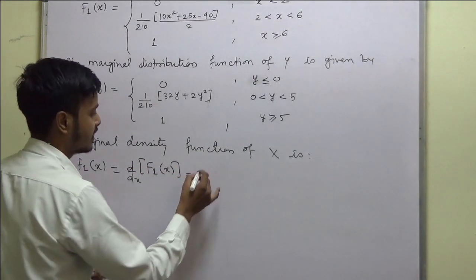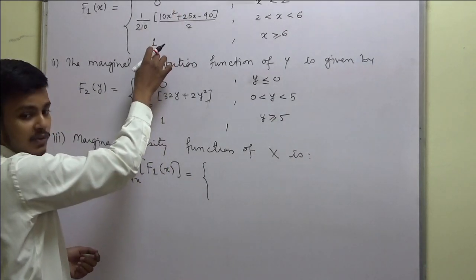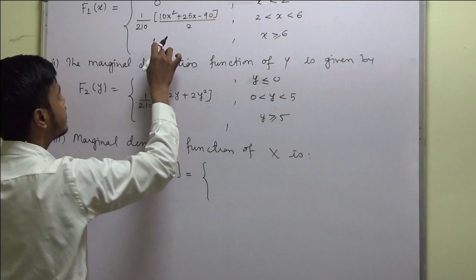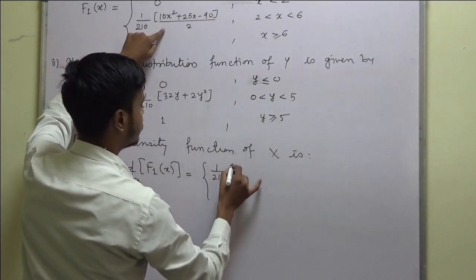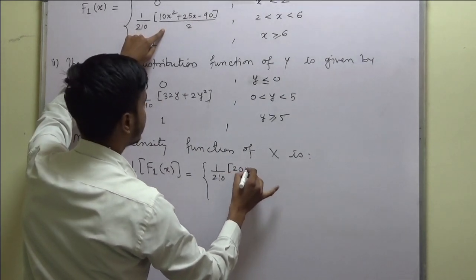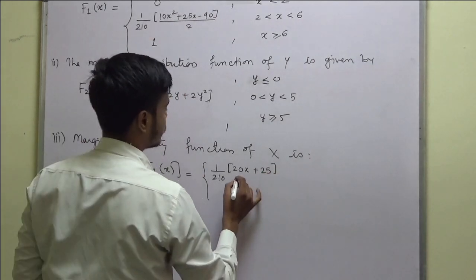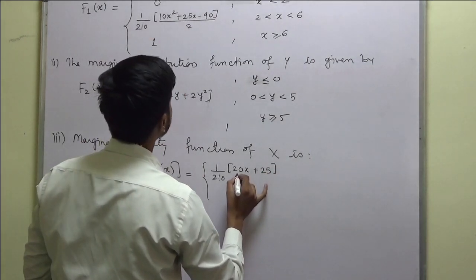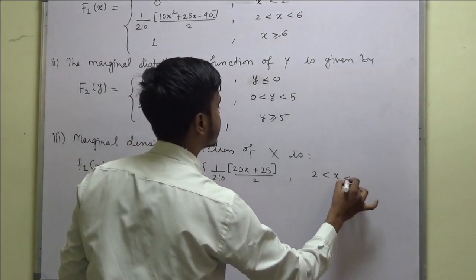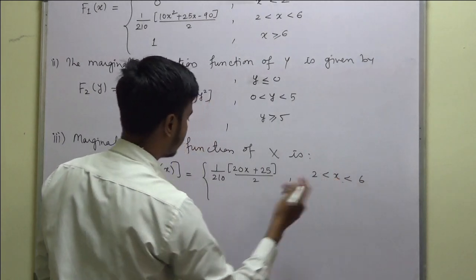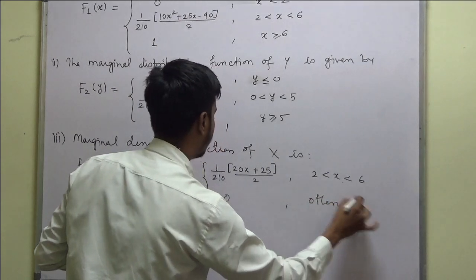All the values will remain as they are, 0, and this is also 0. Here the derivative of this is 1 upon 210 into 20x plus 25 by 2, for 2 less than x less than or equal to 6, and otherwise we have 0.